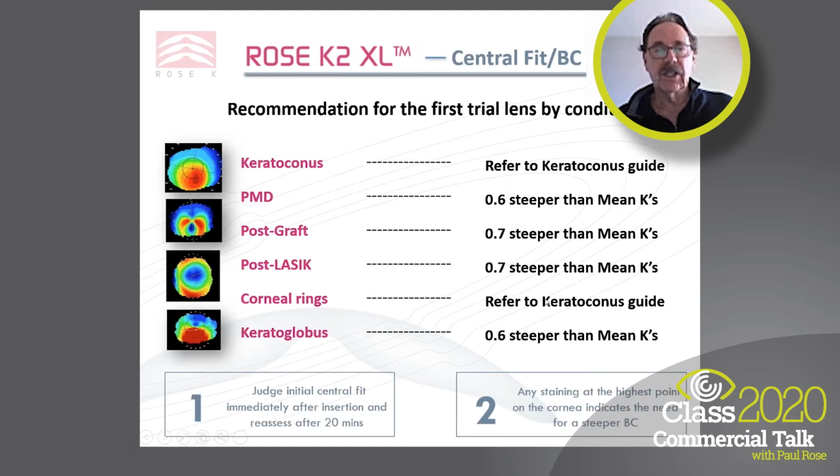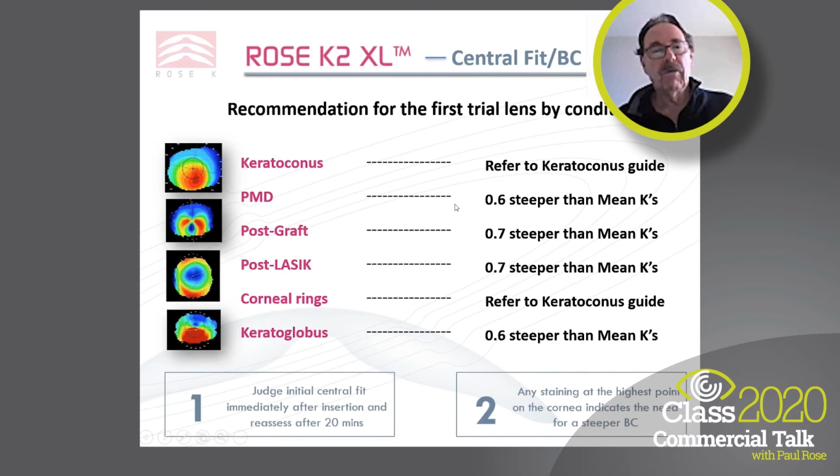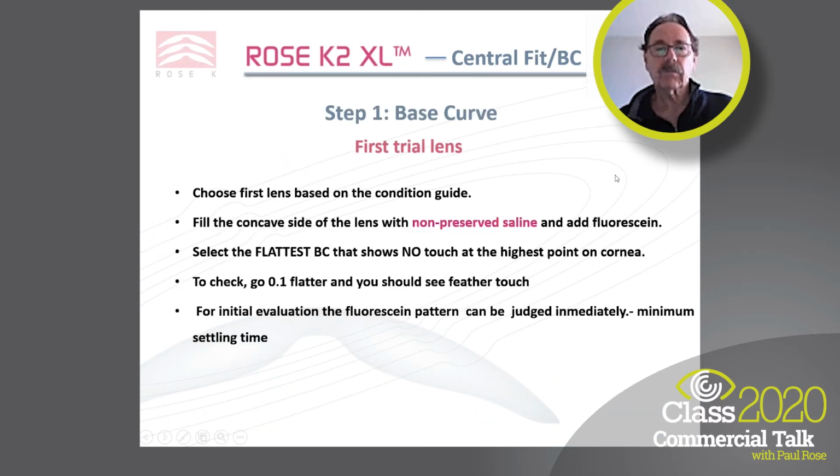So let's start with that central fit. For XL, you do have a fitting guide based on the mean Ks as you see here. So if you go to your fitting guide and we look at any of these conditions like post-graft, your first indicated trial lens for post-graft would be 0.6 steeper than the mean Ks.